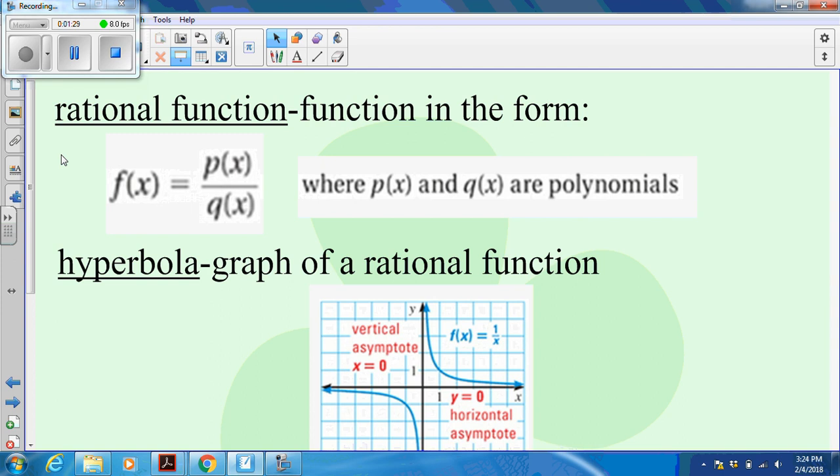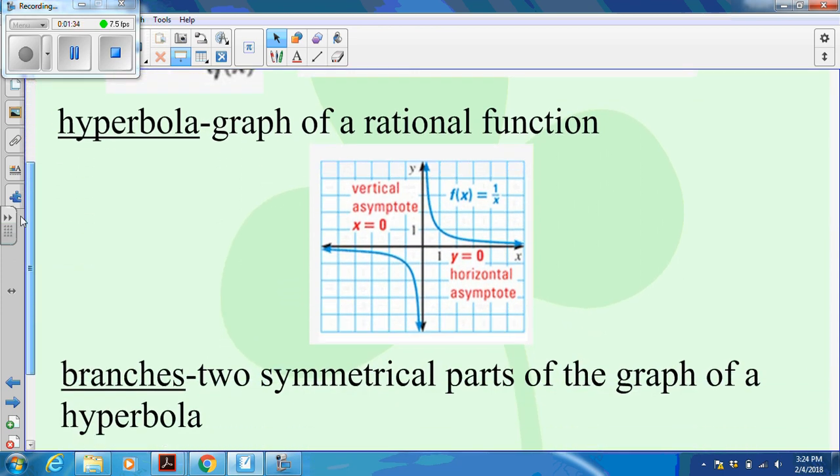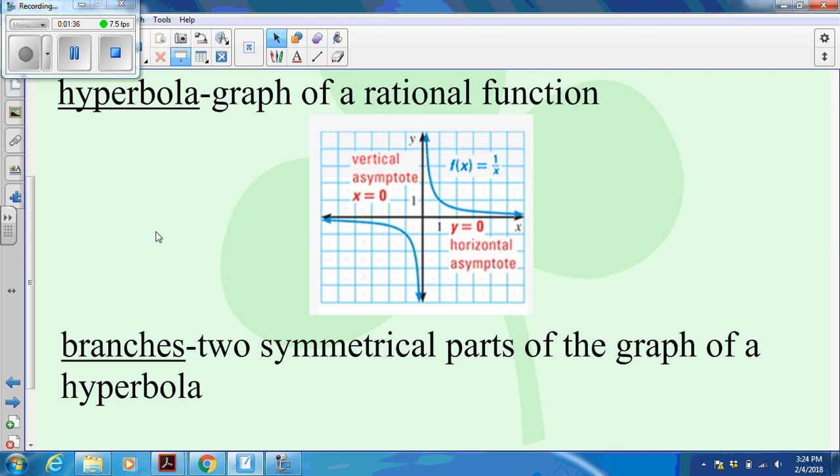Now, when we graph rational functions, basically what it's called is a hyperbola. That is the graph of rational functions. Now here, what we have is the function f of x equals 1 divided by x. Now notice here that we actually have two parts to our graph, and they kind of look like exponential and log functions, what we dealt with last unit.